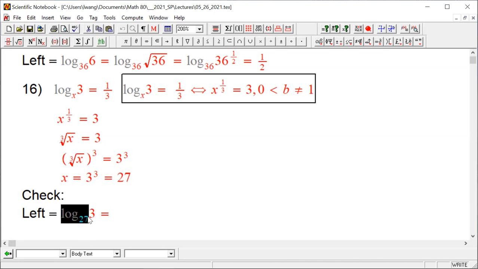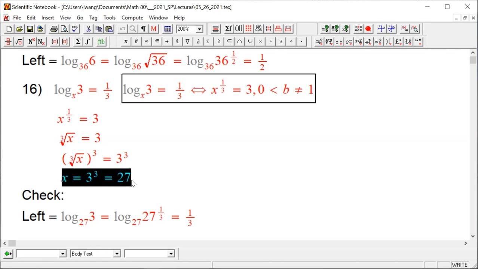So log base 27 of 3 is 27 taken to the third root, 1/3. And therefore the answer is 1/3 indeed. So we found the solution. The solution indeed is 27. Any questions so far?